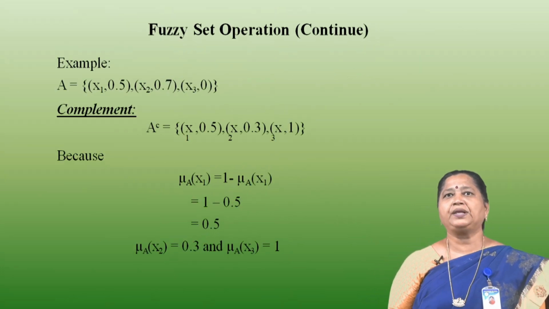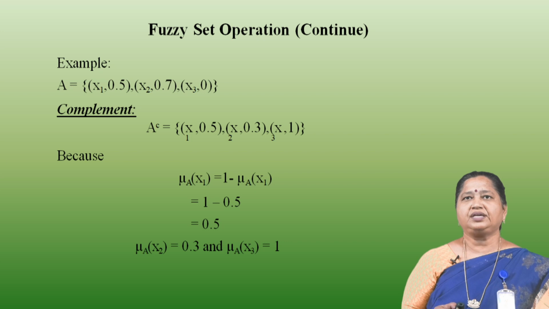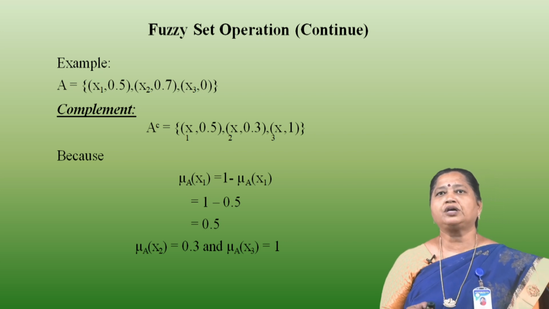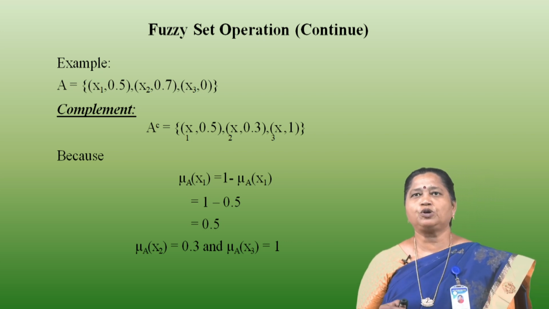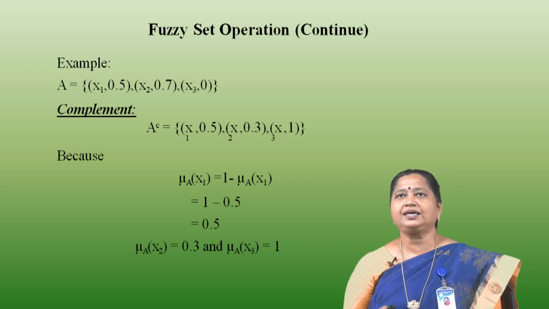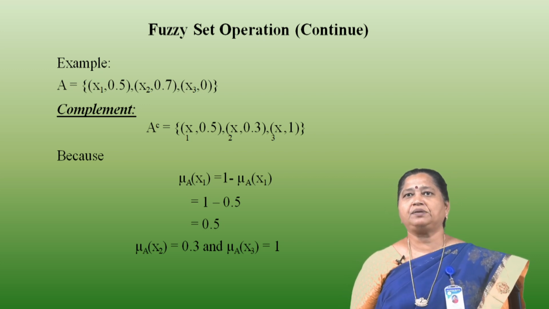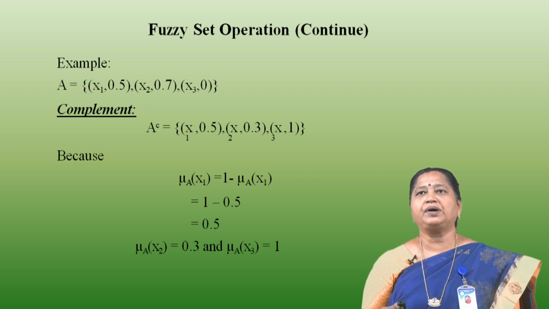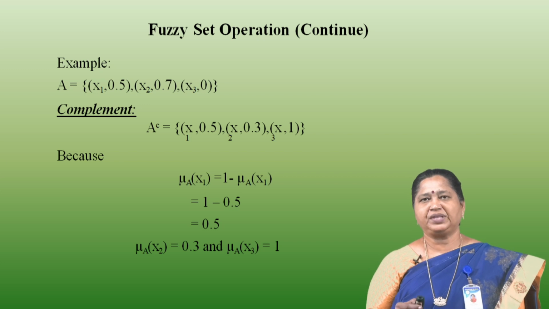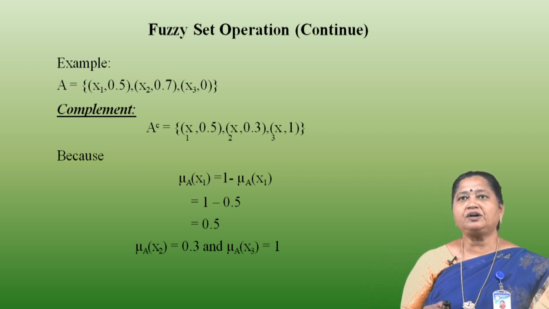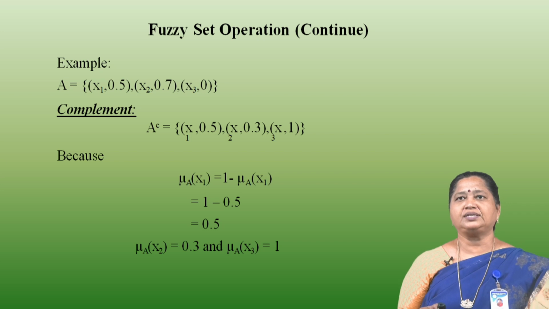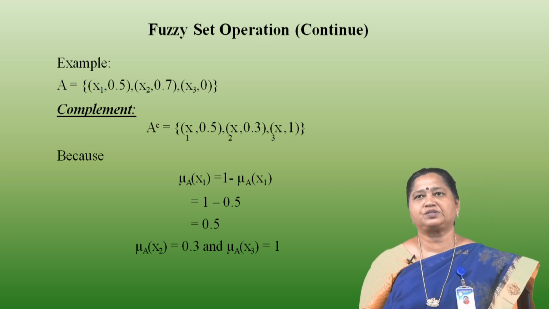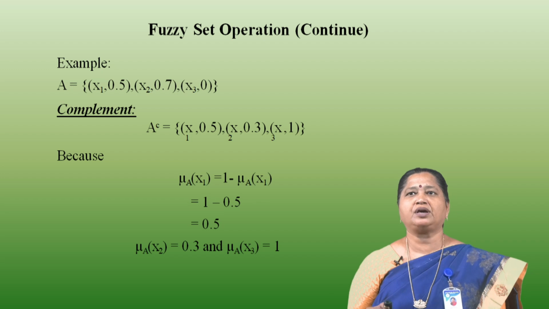The next example, complement. A has x1 comma 0.5, x2 comma 0.7, x3 comma 0. So, A complement becomes x1 comma 0.5, x2 comma 0.3 and x3 comma 1. That is mu A complement of x1 becomes 1 minus mu A of x1.